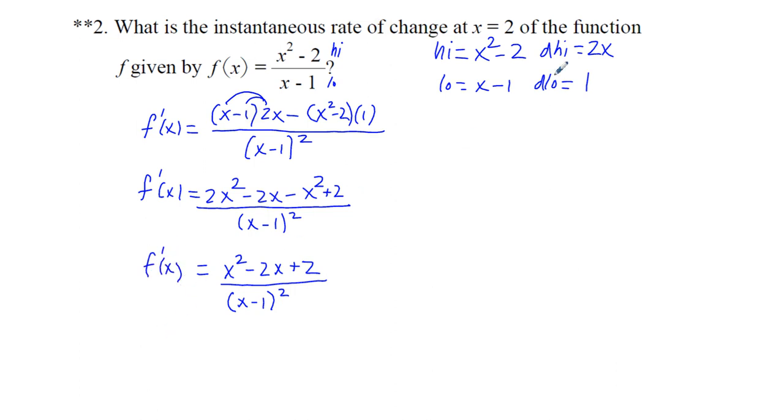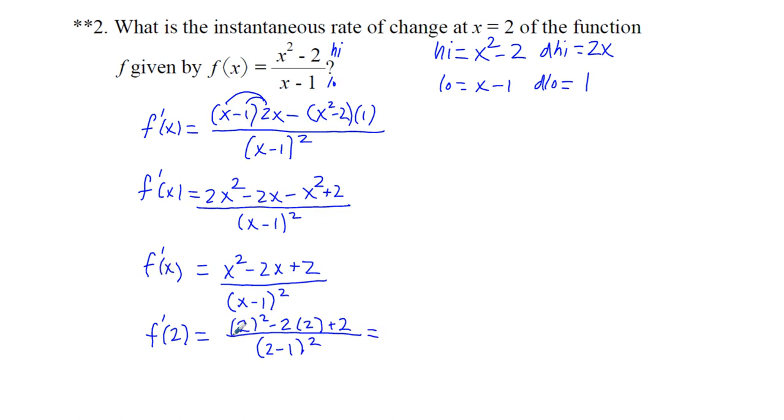Now, at x equals 2, we will have that listed as f prime of 2, which is going to be, in the numerator, 2 squared minus 2 times 2 plus 2. In the denominator we have 2 minus 1 squared.